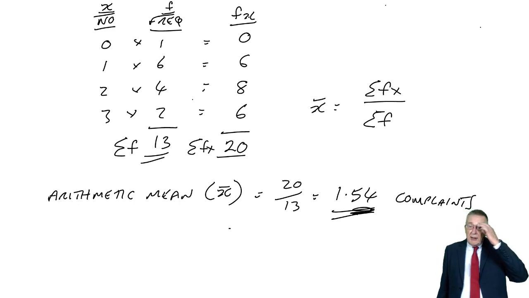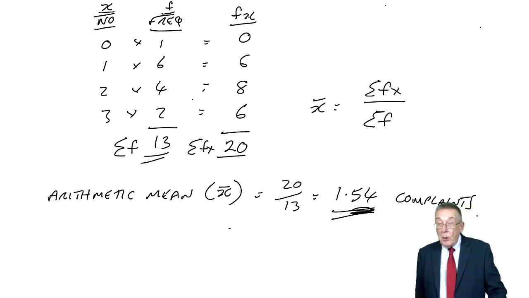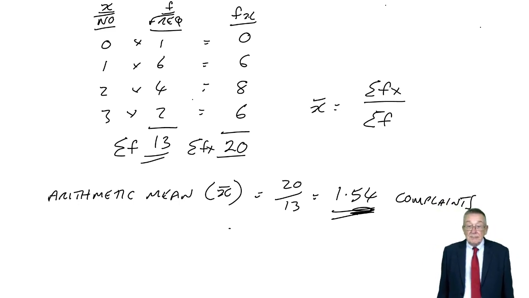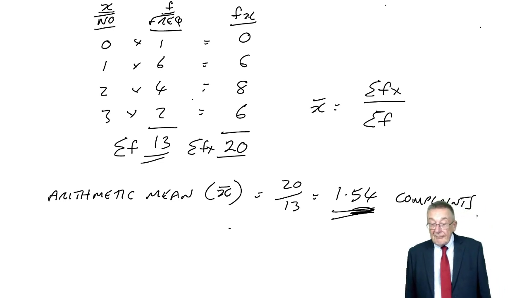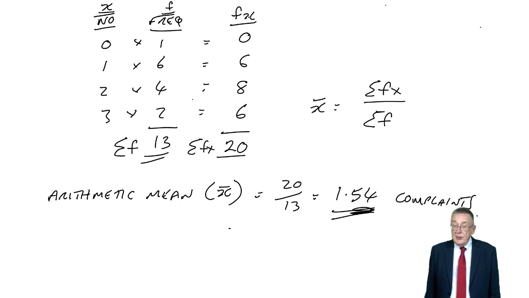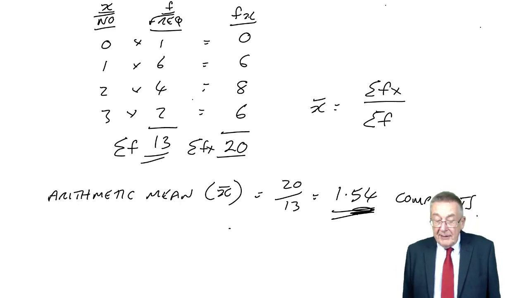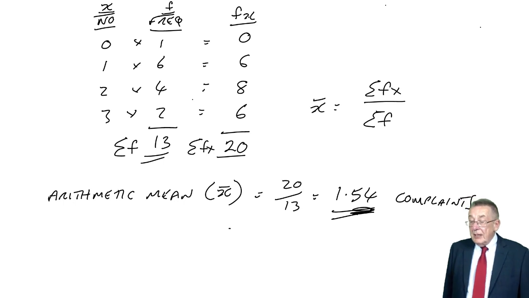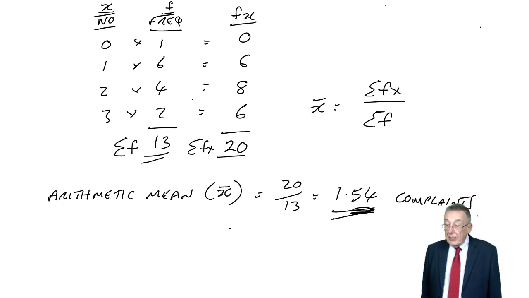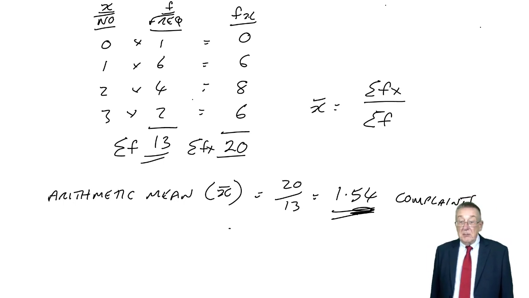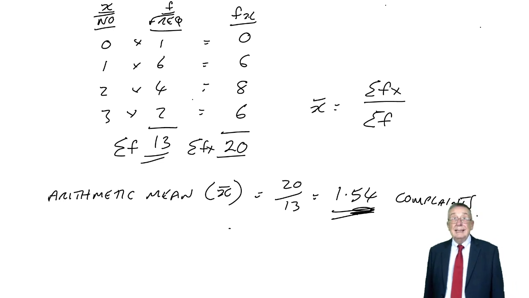However, that is the arithmetic mean, that on average there are 1.54 complaints. It's what we normally think of as the average. However, one problem, if you like, is that, of course, in no week were there actually 1.54 complaints. The complaints were either 0, 1, 2, 3.